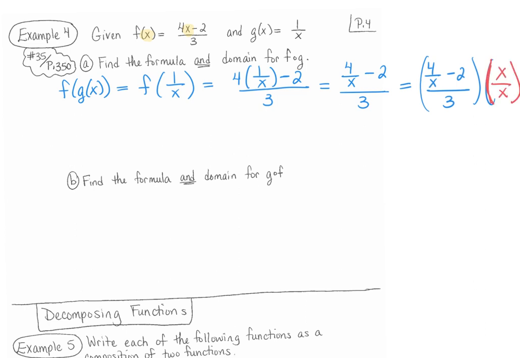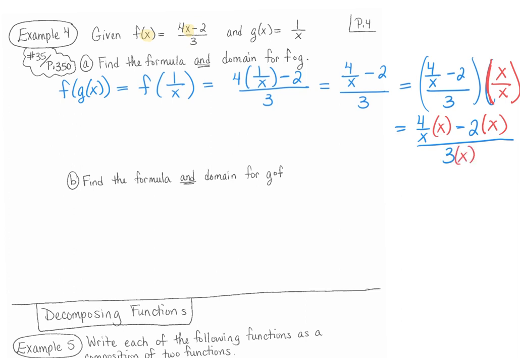We're not changing the equation, we're multiplying by 1. Then what we're going to do is eliminate that fraction in the numerator. So what's 4 over x? So this is 4 over x times x, minus 2 times what? Good. All over 3 times x.